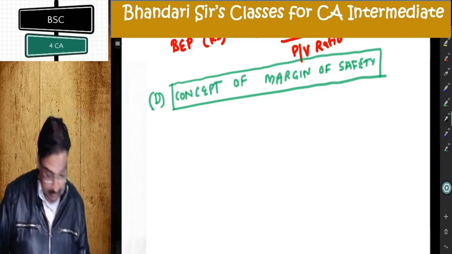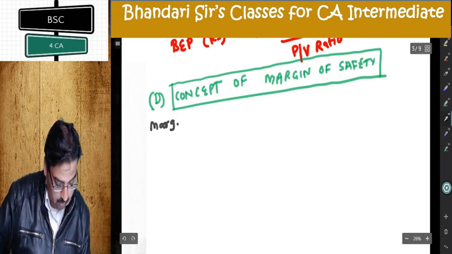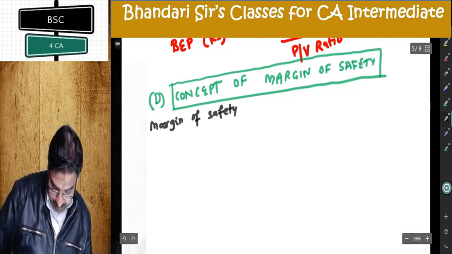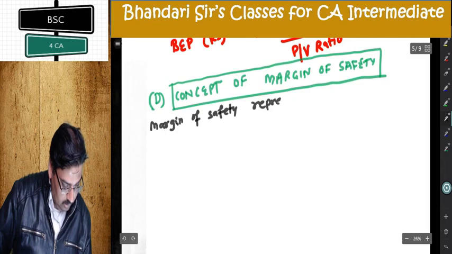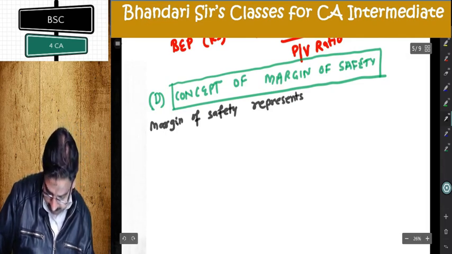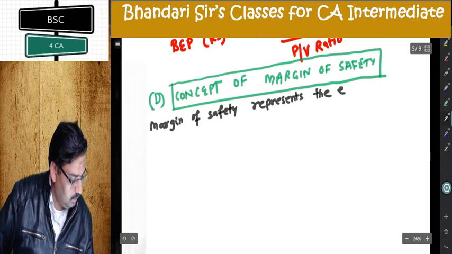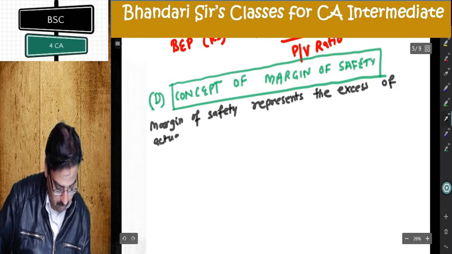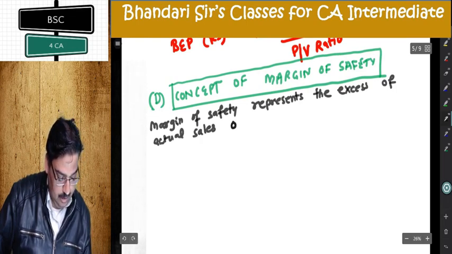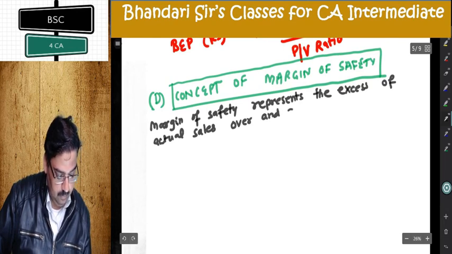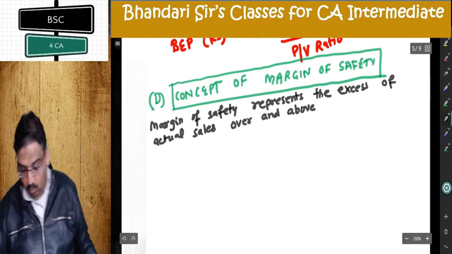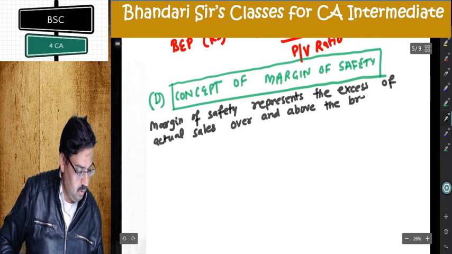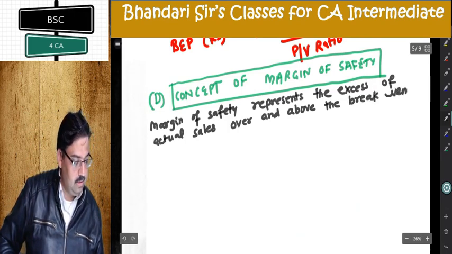You can write the meaning here. Margin of safety represents the excess of actual sales over and above the break-even sales.